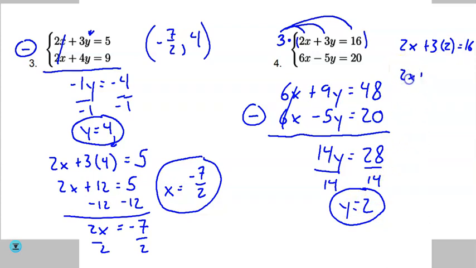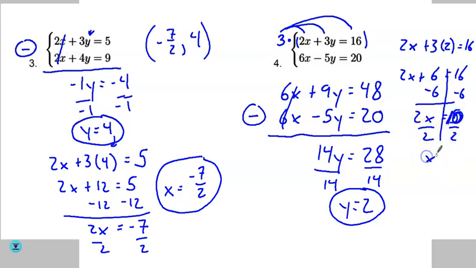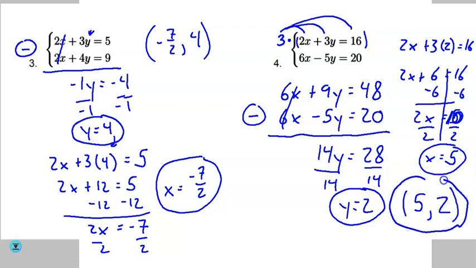So 2x plus 3 times 2 is 6 equals 16 minus 6. 2x equals 5. Or I'm sorry, 2x equals 10. I'm a step ahead, aren't I? 2x equals 10, divided by 2. x is 5. So your solution for this one, x comma y: 5, 2.